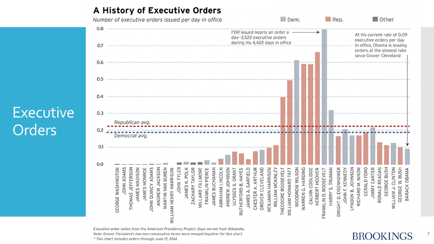And so what you would expect if Congress is not able to get things done is that there would be more and more executive orders, because it would be more and more necessary to run the country without Congress, because Congress just simply isn't able to pass things. But what's interesting is that's actually not the case.